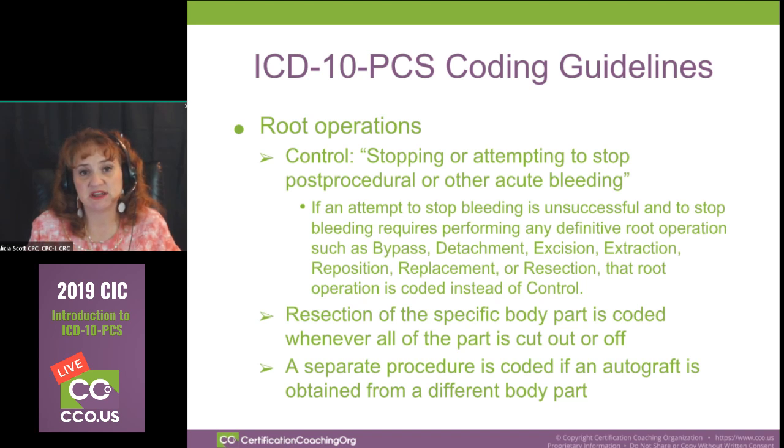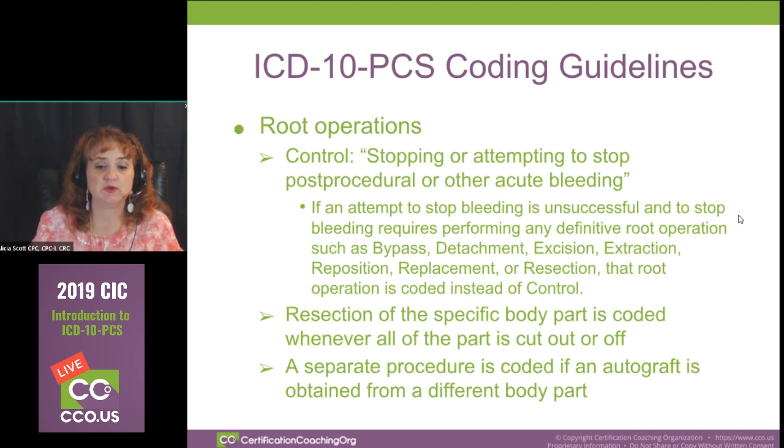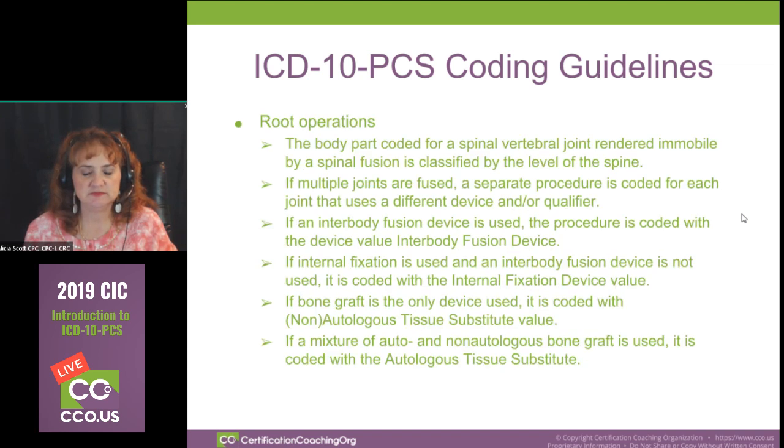That happens on skin transfers. So separate procedure. You're going to do a PCS code for grafting the skin from the hip and then putting it on the neck, right? So it's two codes. That's the way CPT works too.